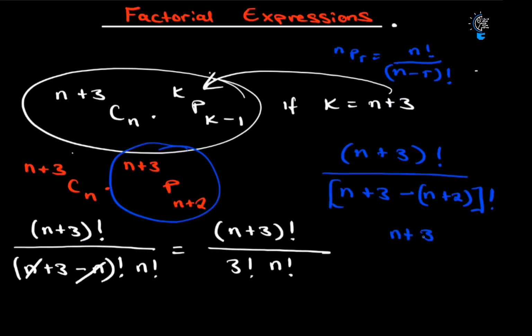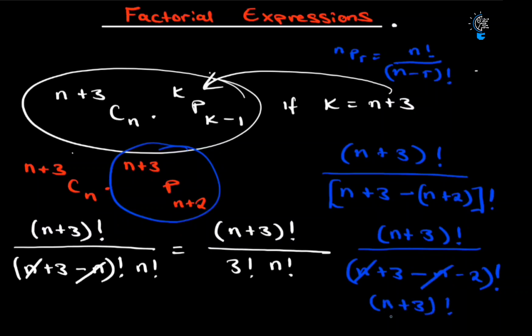And this will result in 2, divided by, it will result into n plus 3 minus n minus 2 factorial. This part and that part will cancel. And 3 minus 2, that's a 1. So we're going to end up with n plus 3 factorial divided by 1 factorial.